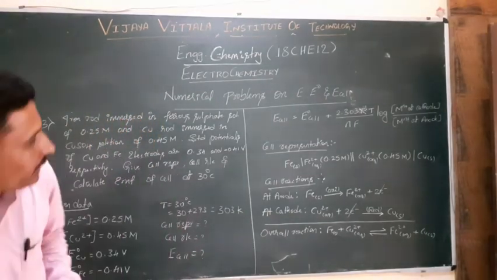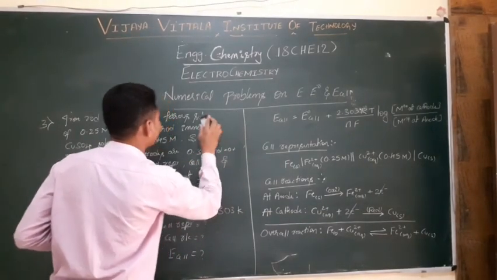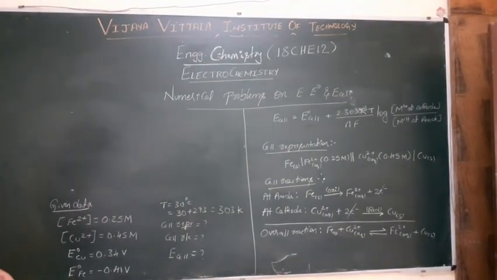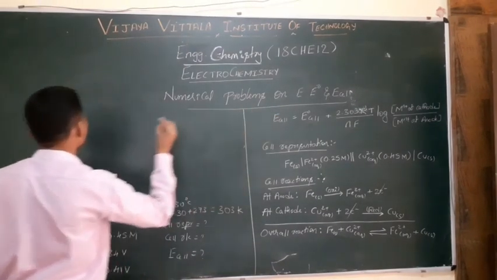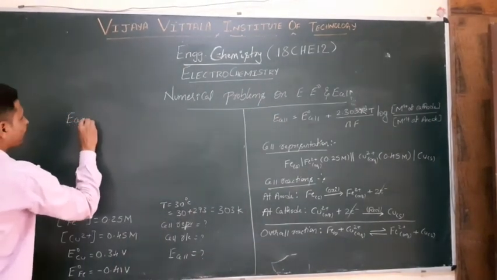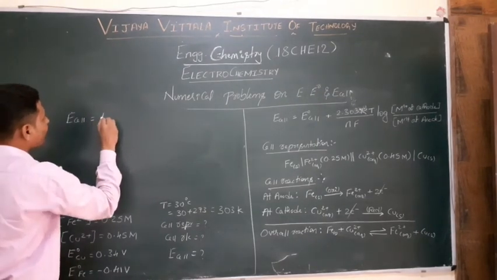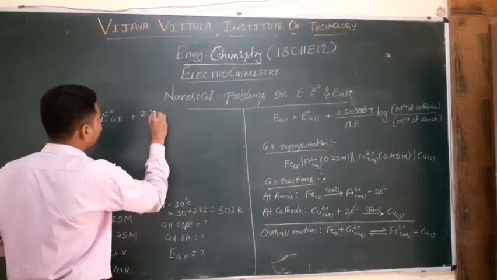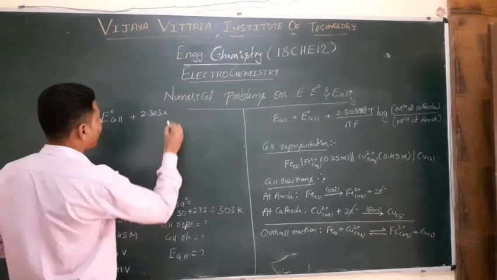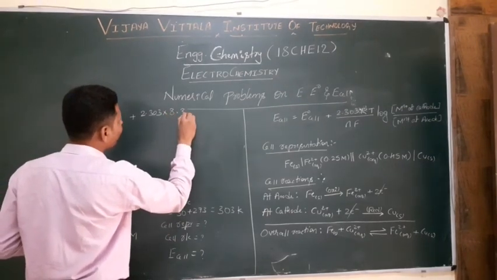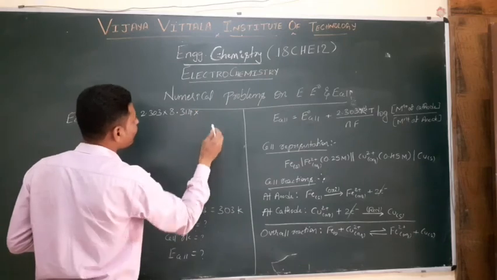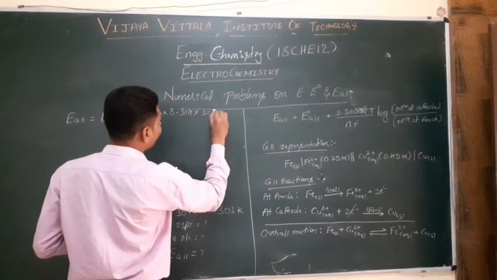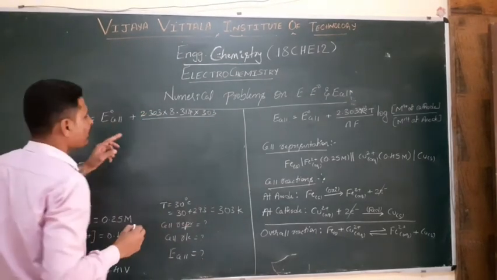Okay. So I will write on this side. By using this, we need to calculate E cell equals E naught cell plus 2.303 RT, where R is the gas constant 8.314 joules per Kelvin per mole, T is the temperature 303 Kelvin, divided by n, the number of electrons involved.